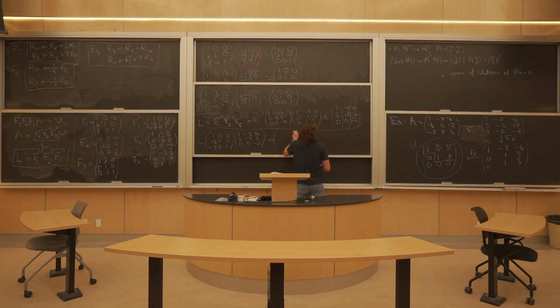And you multiply this, you get this. 1 minus 3, 0, and then minus 4. 12 minus 6 is plus 6, 0, minus 3, 9, minus 2. So that's L. Okay?